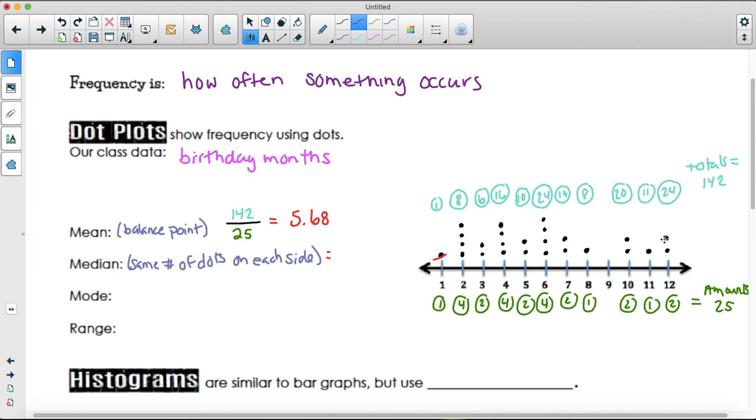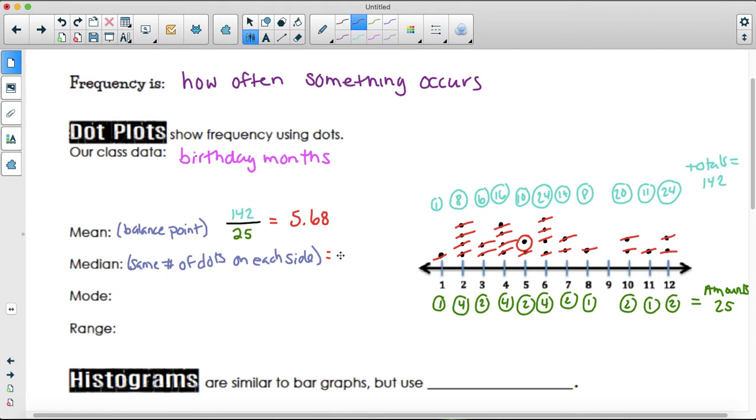From the bottom, and then from the top. Going up, going down, up, down, and so on, and then they both meet here.